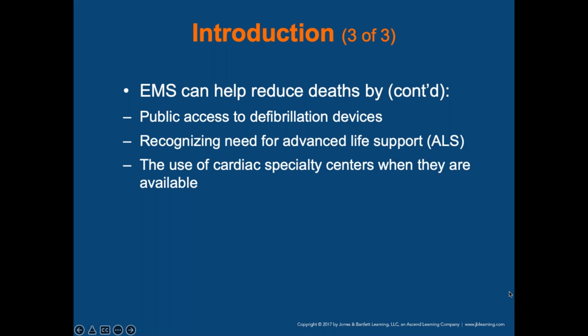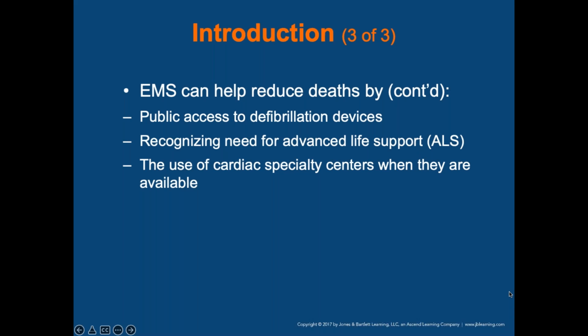And that's heart conscientious communities that are providing free education and cardiovascular education, diabetes awareness, things like that, to community members at no cost. So again, public access, recognizing the need for advanced life support and the use of cardiac specialty centers when they are available.